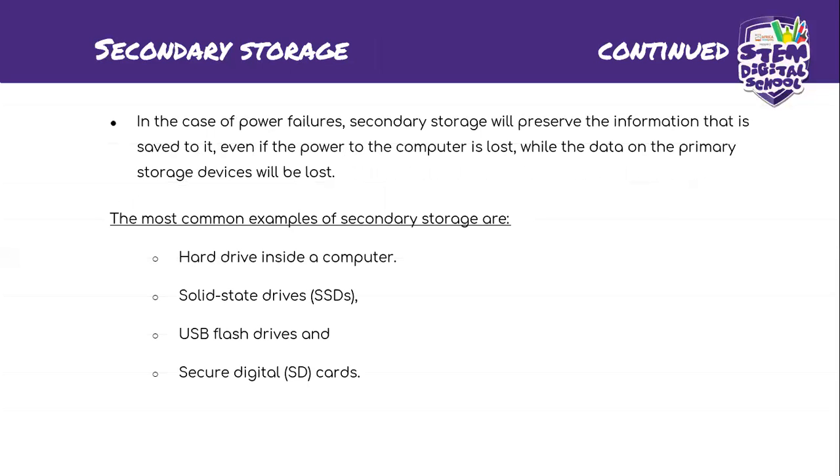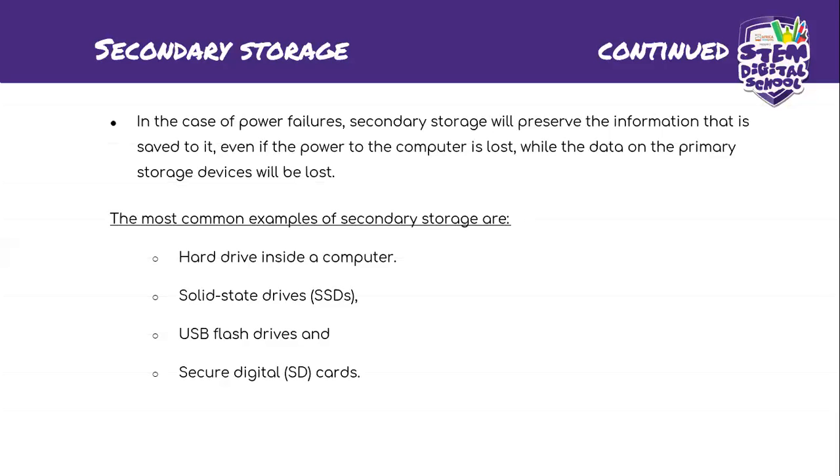In the case of power failures, secondary storage will preserve the information that is saved to it. Power failures can come, but the data saved to secondary storage will still be there even if the power to the computer is lost.